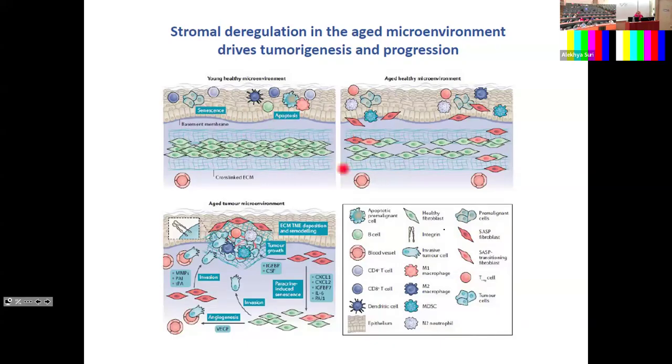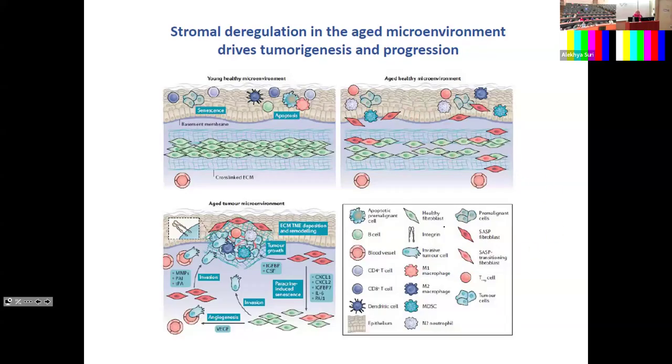But what happens when you have an aged healthy microenvironment? It's still healthy, but look here. You have more premalignant cells, right? Because the conditions change. You have some cells here in the basal membrane that are not tumor cells. These are what they call fibroblasts, and they are changing this microenvironment.